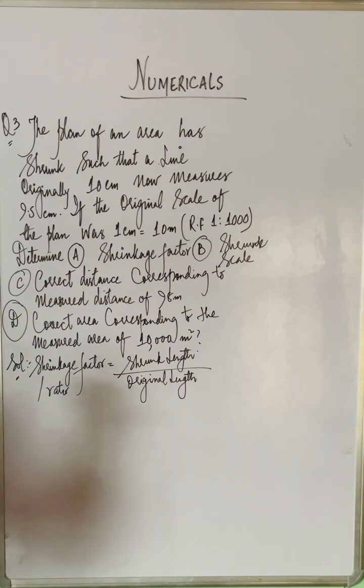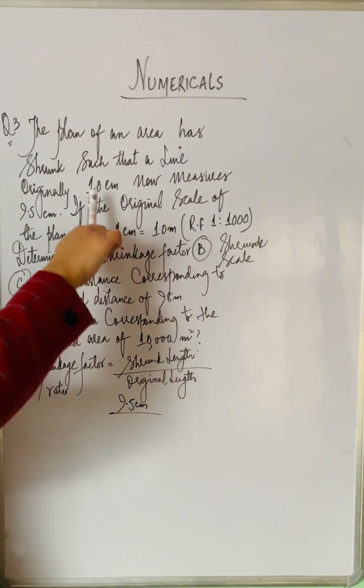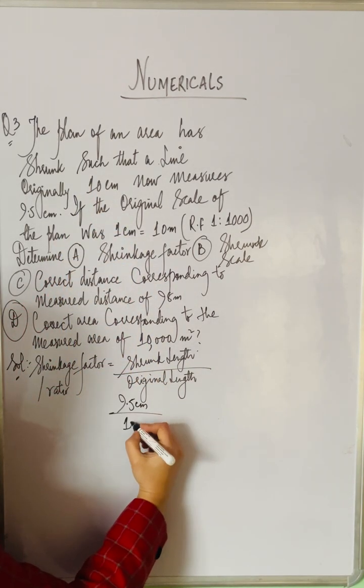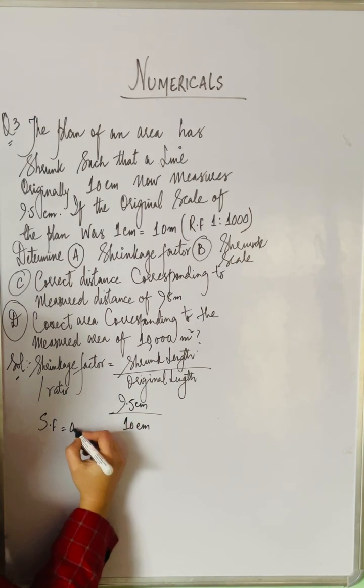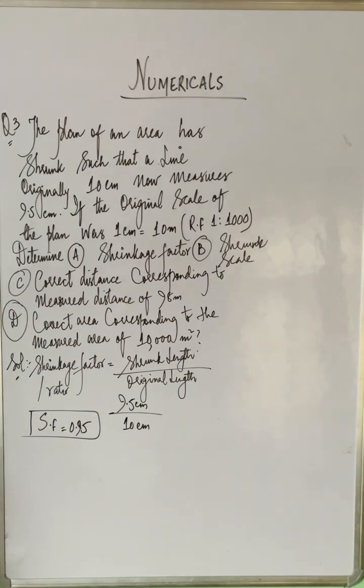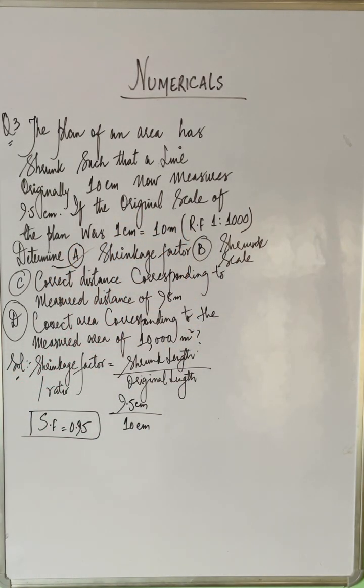So our shrunk length is 9.5 centimeters and original length is 10 centimeters. So the shrinkage factor will come equivalent to 0.95. It's always less than unity, which must be noted. Our shrinkage factor or the shrinkage ratio is 0.95.